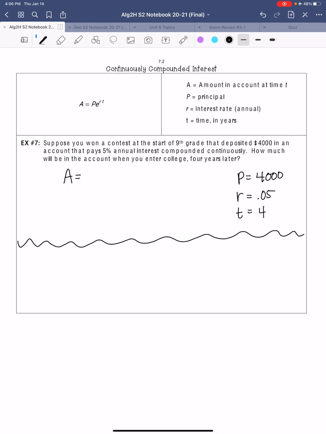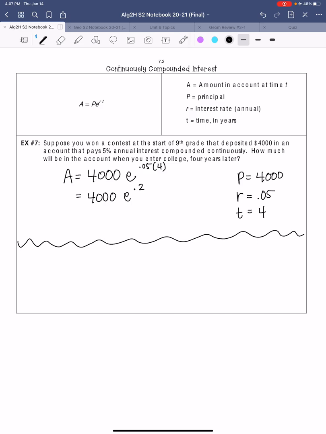You cannot use percentage. So let's plug this in. We get 4,000 e raised to the r, my rate 0.05, times my t, which is 4. So this is 4,000 e to the 0.2.